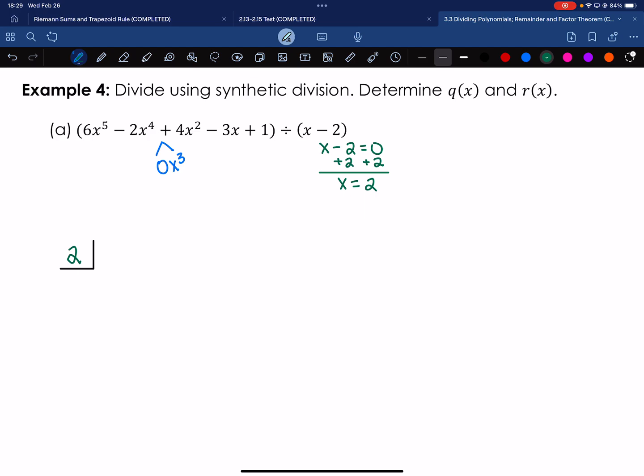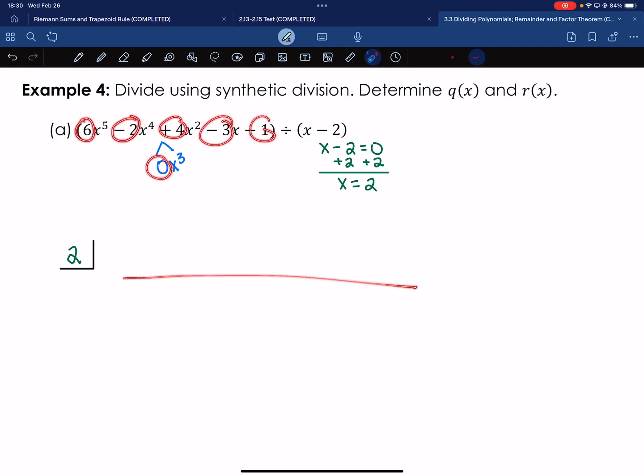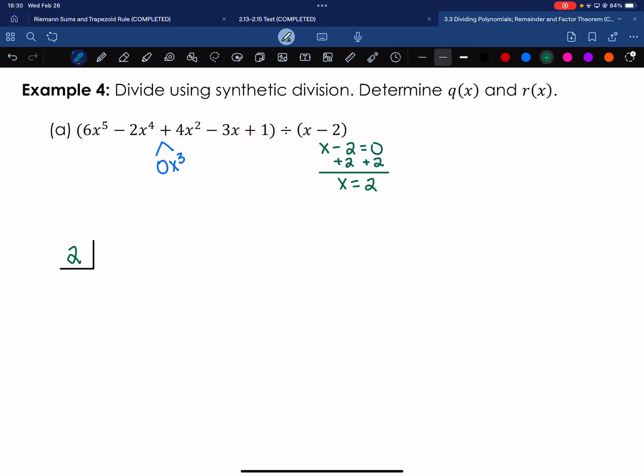Then we're going to list out the coefficients and the constants from every single term. So basically all that means is we're taking just the numbers with the signs included and we're going to list them out here with a little bit of space in between. Okay, so we have 6, -2, our placeholder 0, 4, -3, and 1.